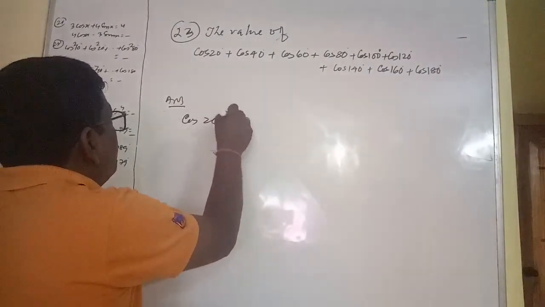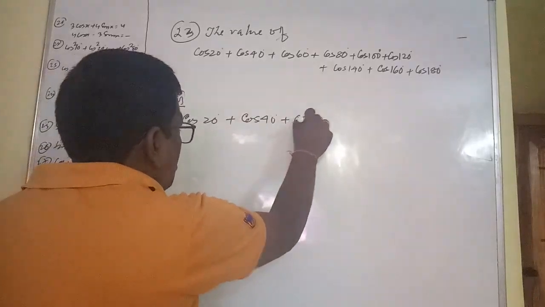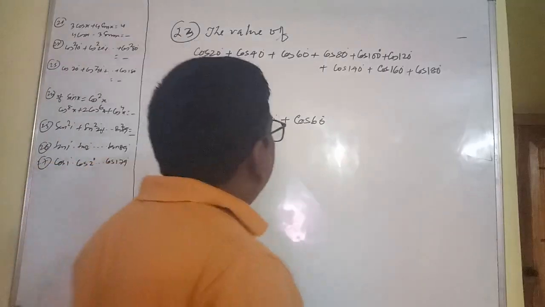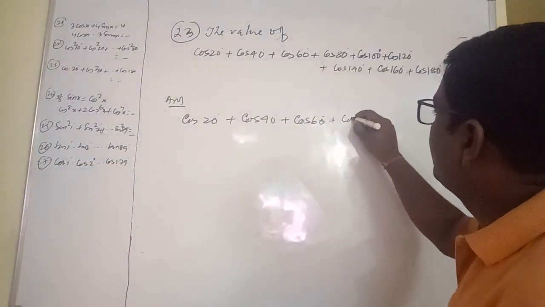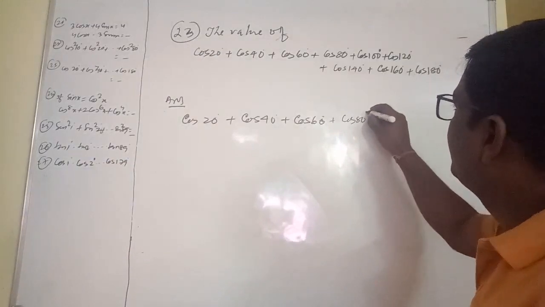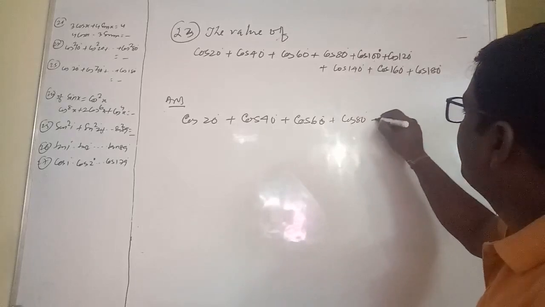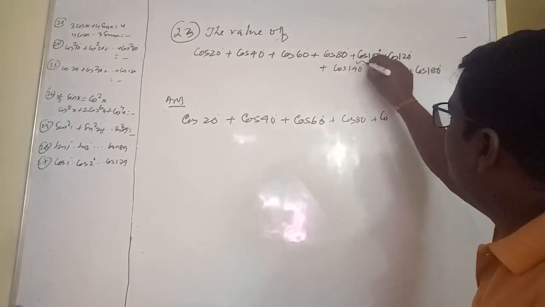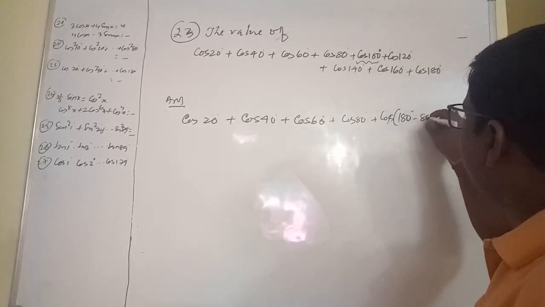So the answer is cos 20 degree plus cos 40 degree plus cos 60 degree and cos 80 degree, right? And cos 100 means cos of 180 minus 80 degree.